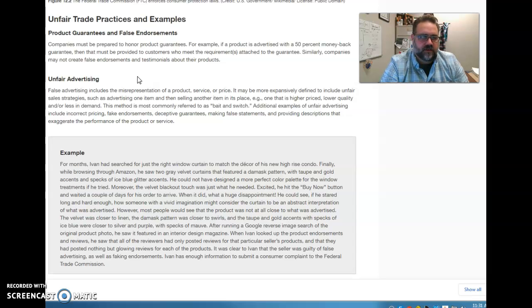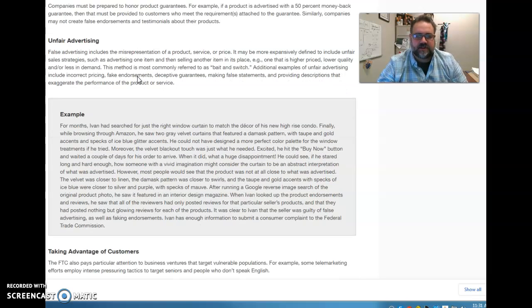Meaning that if I have $1 million worth of products on the street and they all come back to me and want 50% back, and I've got to pay $500,000 because of that guarantee, I'm going to do everything I can to get out of that guarantee or to pay the minimum amount, just because it's in my business interest to do so.